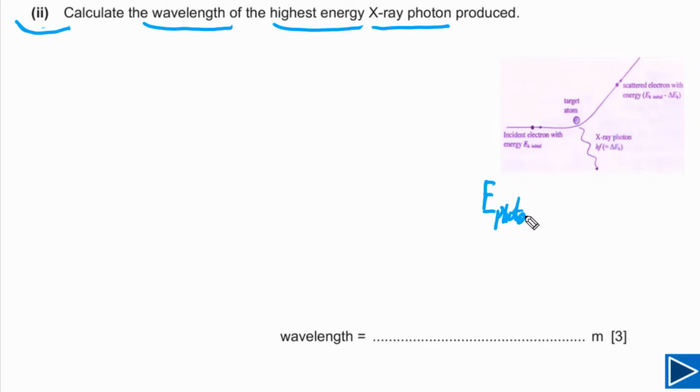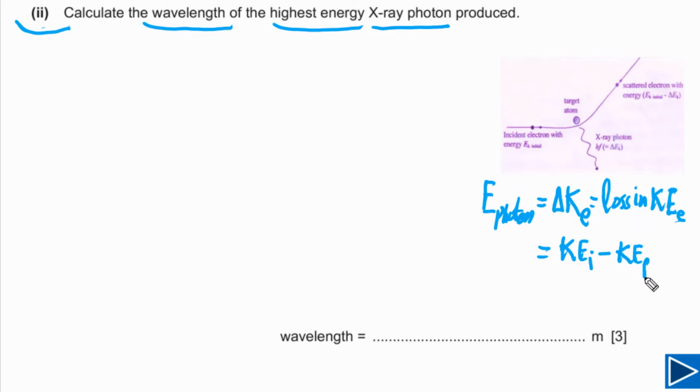Energy of a single photon, meaning the X-ray photon produced, is equal to the change in kinetic energy of the electron, or simply the loss in kinetic energy of the electron. We are using the symbol small e for electron. Another way to write this is the initial kinetic energy of electron minus the final kinetic energy of electron.